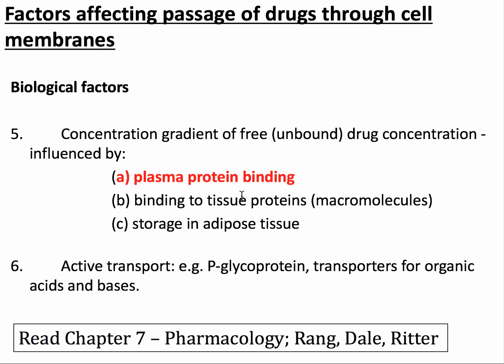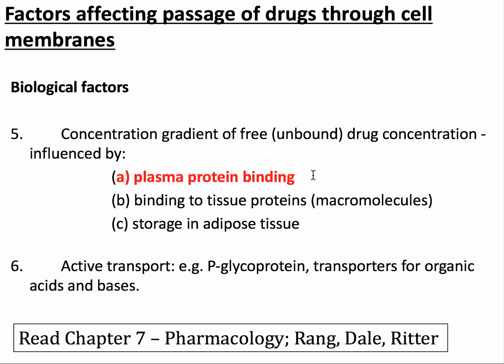Drugs are only effective when they're in the unbound state, so when they're not bound to some sort of plasma protein, they're by themselves, so they can then go on to the required site of action and bind to the active site and then cause various cascades of reactions and bring about the systemic effect, right?